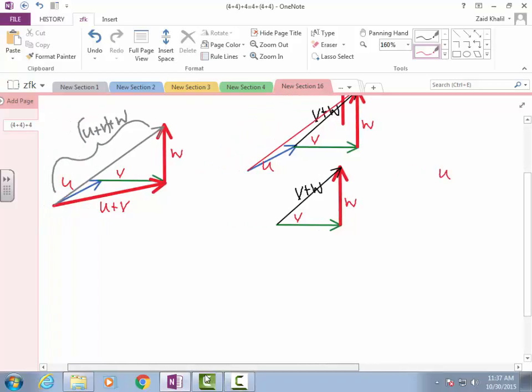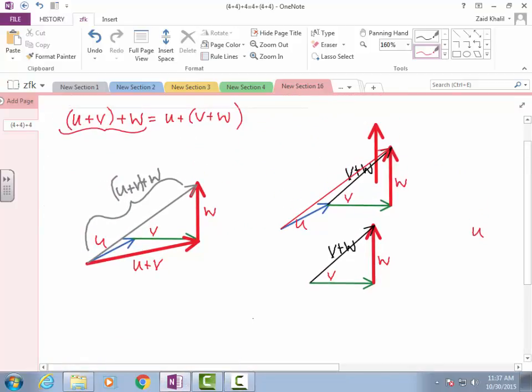Come on, there you are. That vector is u plus v plus w. And what do you notice about that vector? You can see that it's a translation of the other one. So what does that tell you about vectors? So they're also associative. So associative and commutative, those are great properties.